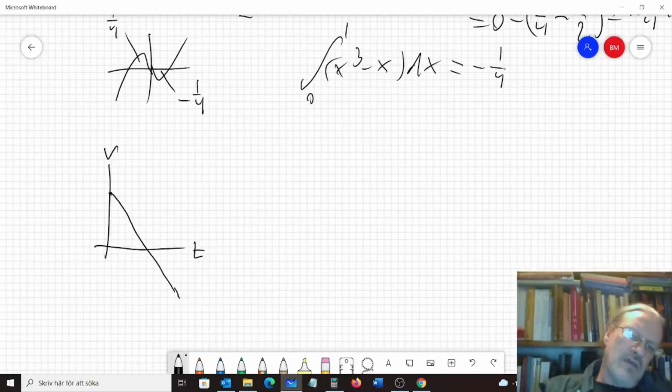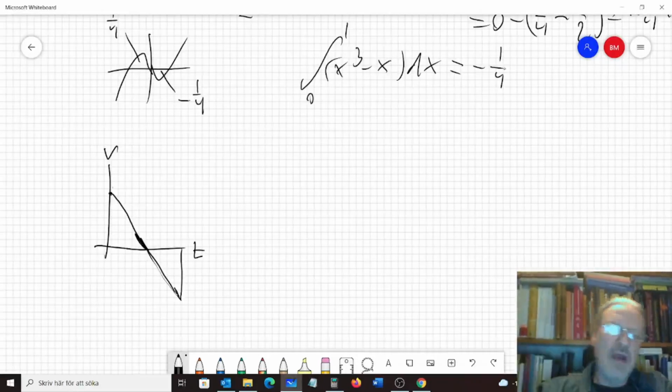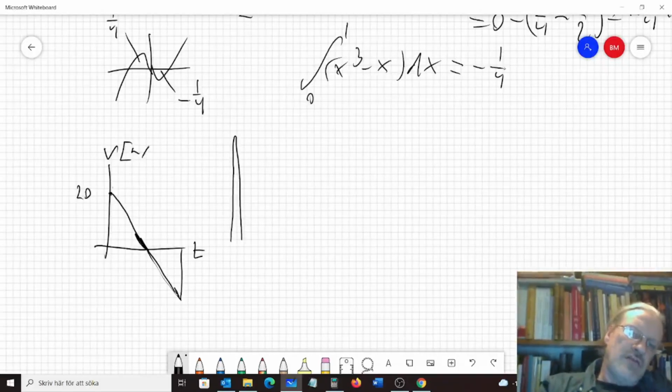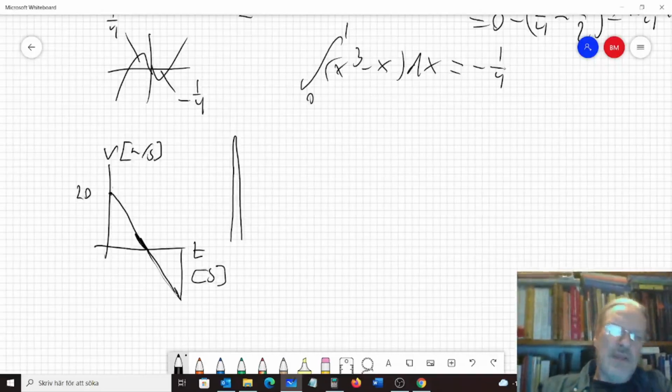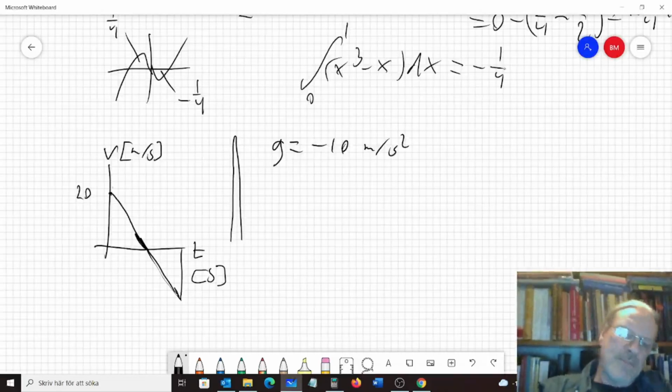So we have some velocity that then goes to 0 and then to some negative velocity, and that corresponds to, for example, throwing an object up in the air that will turn around and fall down again. And say we start at 20, and this should be in meters per second, and this time could be in seconds. And for the sake of it, we say that g is minus 10 meters per second squared.